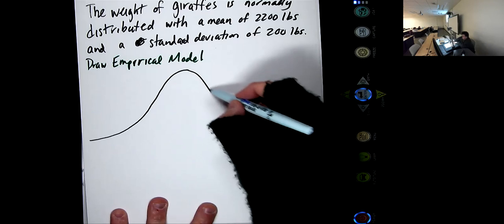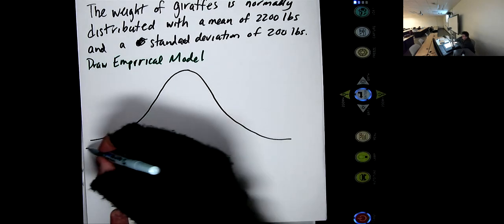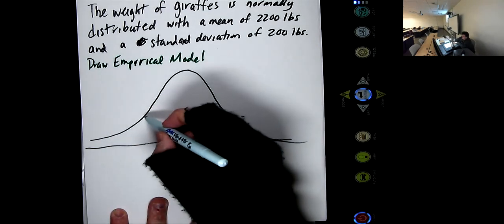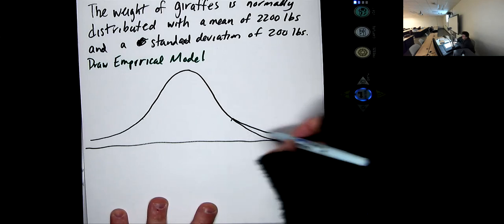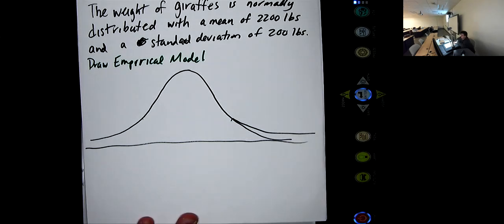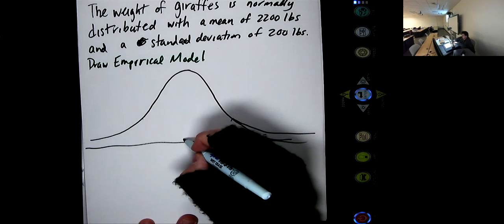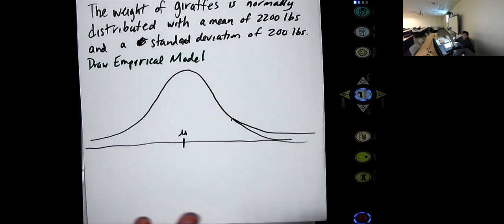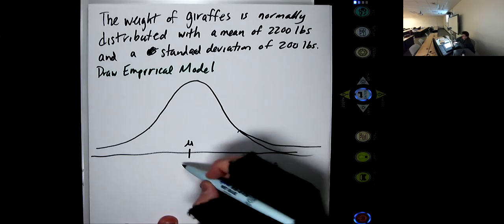So you make a nice little pretty bell graph. In the middle, we put the mean, which for us is 2,200 pounds.